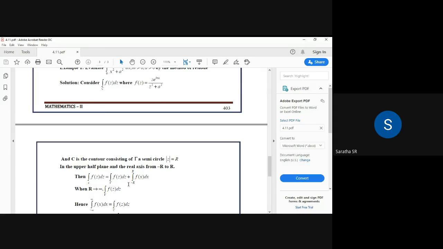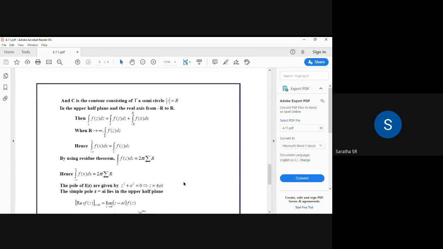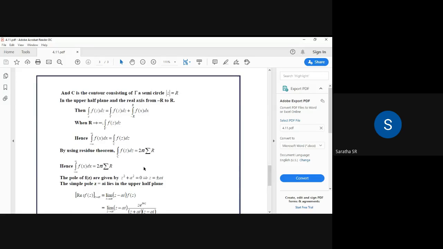When r tends to infinity, this value becomes 0. So we got only integral from minus infinity to infinity f of x dx equal to integral over c f of z dz. You know this formula, that is 2 pi I into the sum of the residues. So 2 pi I into the sum of the residues is equal to this value. That is our ultimate aim.